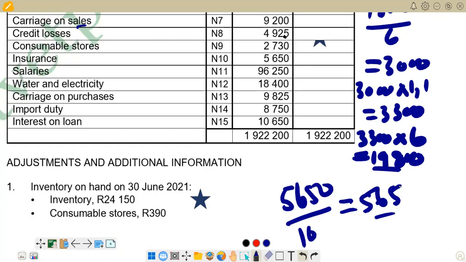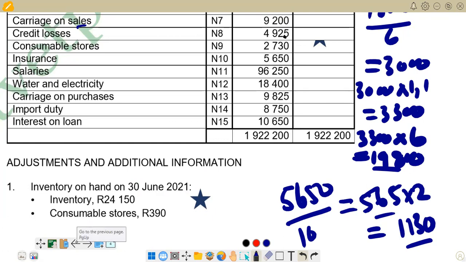Then the months that were not paid for, or that were accrued, or that are still owing, are 2 months. So we multiply by 2 to get for 2 months, and you are supposed to get 1,130. So this is the one that's still owing for insurance. We need to add it to the amount that we are given in the nominal section of 5,650. So we go back.